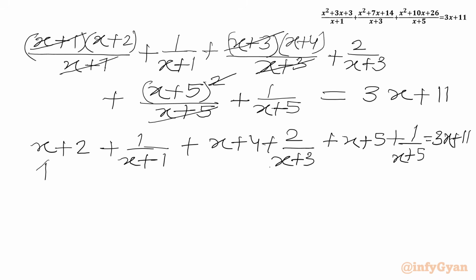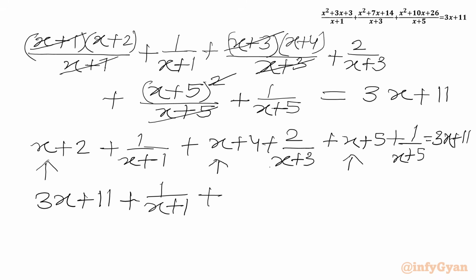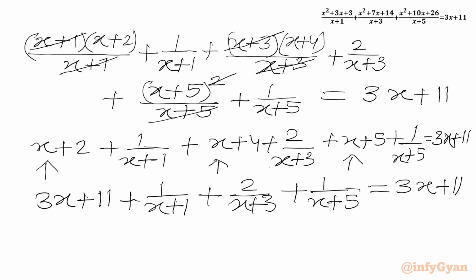Now we will add x plus 2 with x plus 4 with x plus 5. So x plus x plus x is 3x, and 2 plus 4 plus 5 is 11. Plus 1 over x plus 1, plus 2 over x plus 3, plus 1 over x plus 5 must be equal to 3x plus 11.